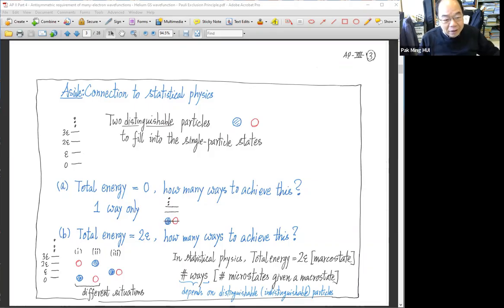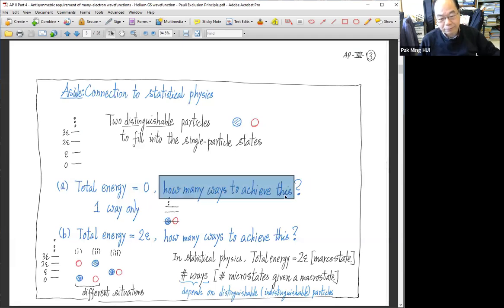Now, if the whole system of two particles has a total energy of zero, the question in thermal and statistical physics is, how many ways can you arrange the two particles to get that?